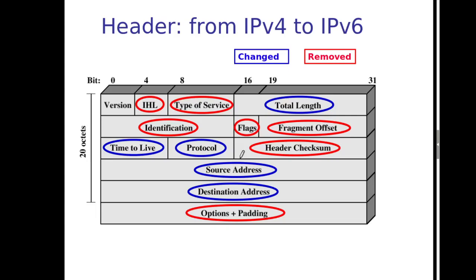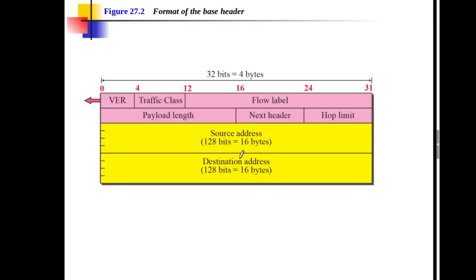So now let me tell you about this. You can see version is still here, a 4-bit field which defines the version number, so the value will be 6 here. Now you can see it is traffic class and flow label.